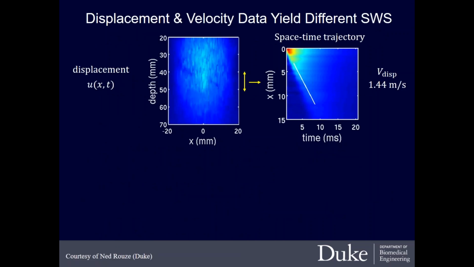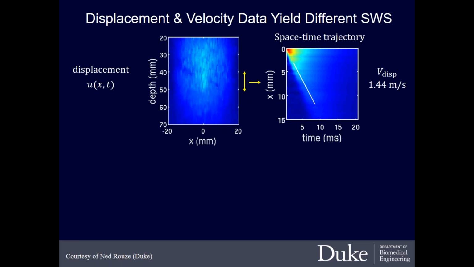Just to demonstrate some of the differences between shear wave speed reconstructions in viscous media, what I'm showing in the animation here is a displacement field propagating away from an excitation in one of our tissue mimicking phantoms that's viscoelastic. And the plot on the right is a little bit different than what I've been showing, but it's showing that same arrival time and spatial trajectory, where time is on the x-axis and spatial position is on the y-axis.